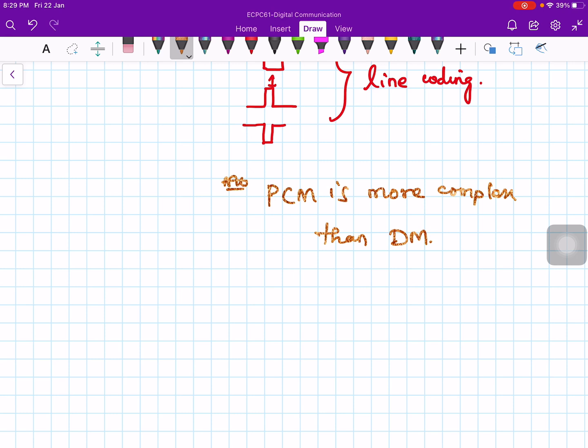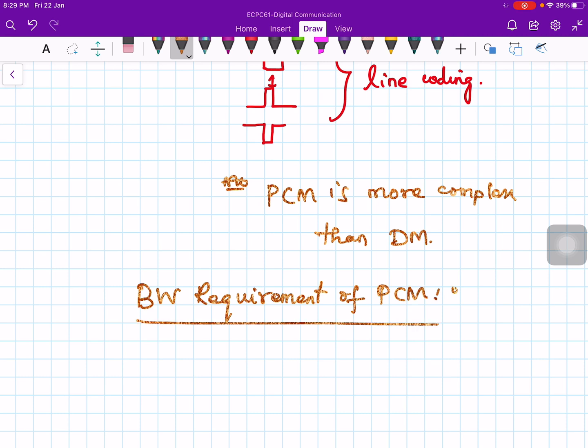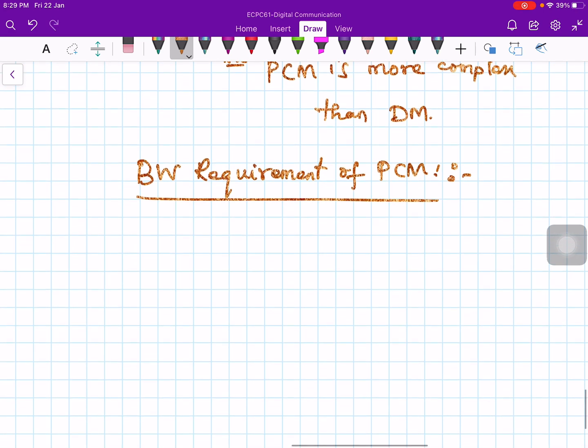How much bandwidth do I need to transmit these pulses? Bandwidth requirement of PCM. This is the first thing that we would like to address.